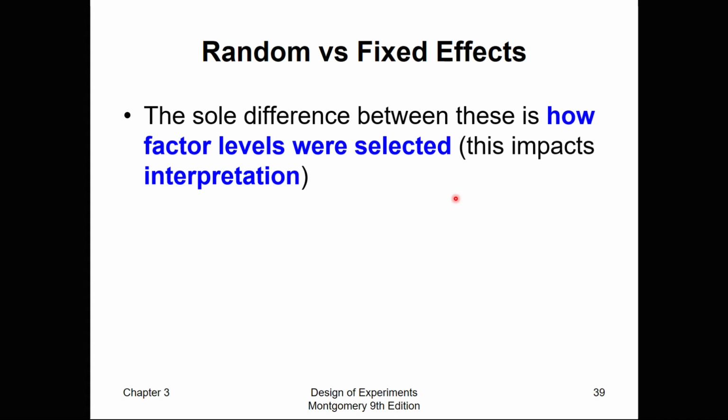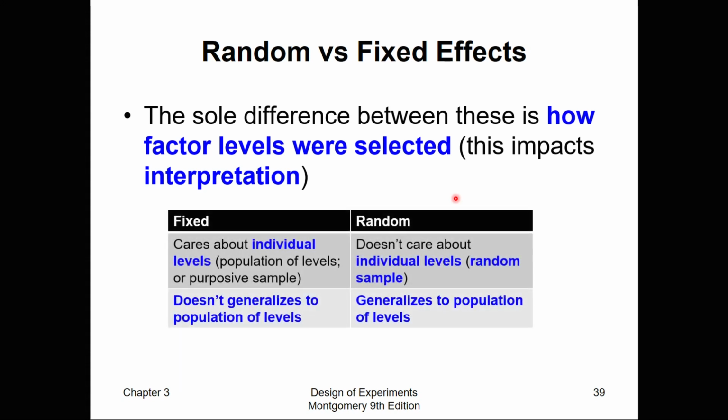The analysis doesn't change at all, but if you use the random effects ANOVA design, it's going to impact your interpretation. So again, in fixed, we care about the individual levels. So we're either going to use all of the levels. Think about if I'm asking if you prefer Pepsi or Coke. Well, if that's my question, then the type of soda has two levels, Pepsi or Coke.